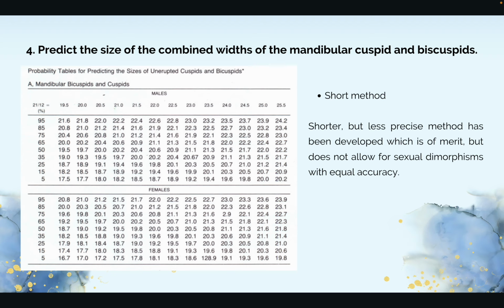Next, add to the value obtained 10.5 millimeters to predict the combined width of the mandibular cuspid and bicuspids, and 11 millimeters to predict the combined width of the maxillary cuspid and bicuspids.